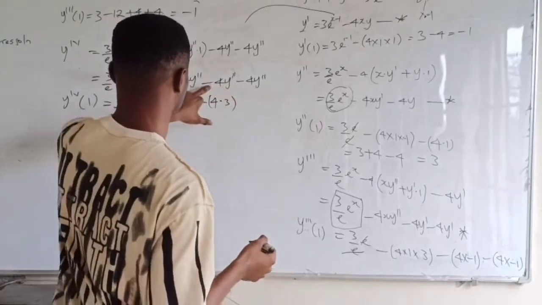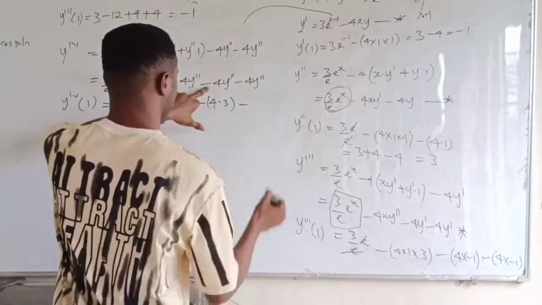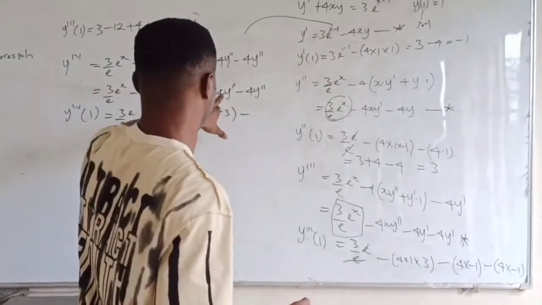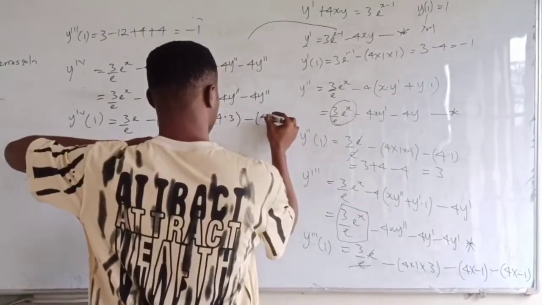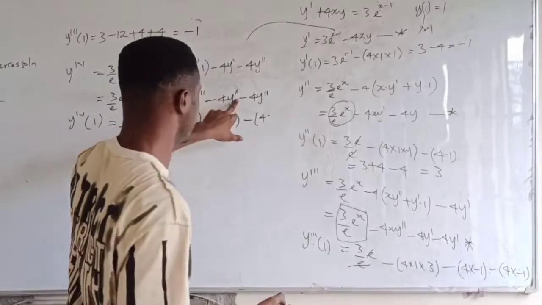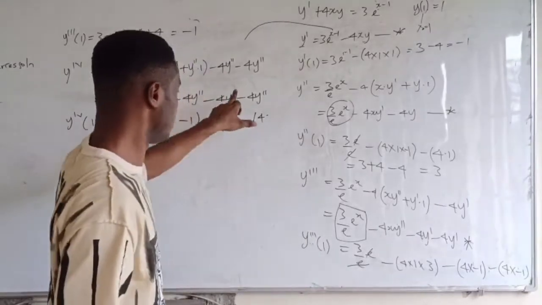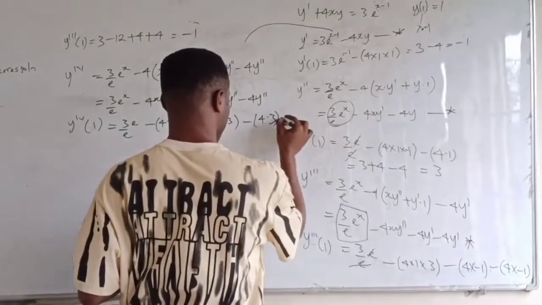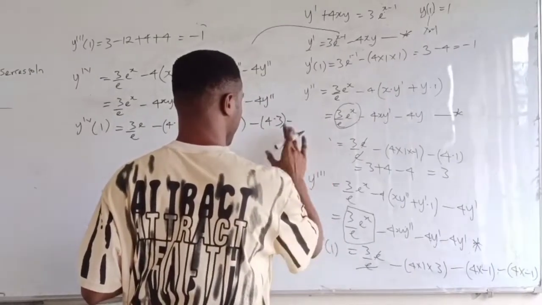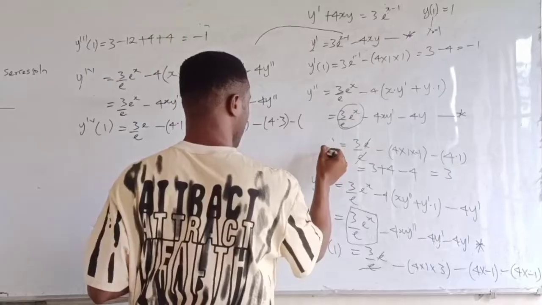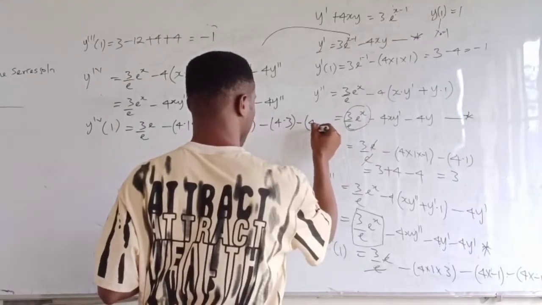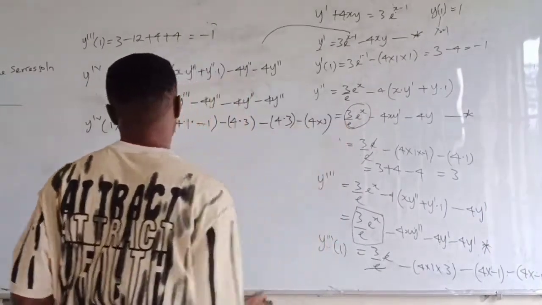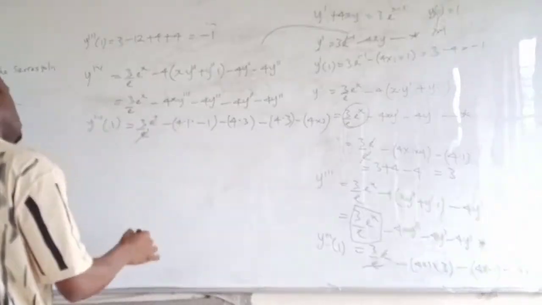Minus 4 times the second differential of y, which is 3, 4 times 3 minus 4 times 3. So of course this cancels out.